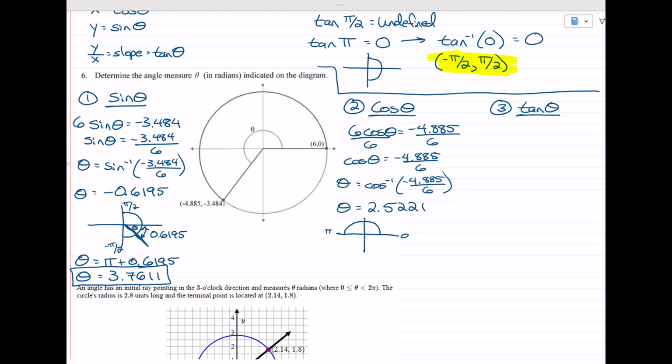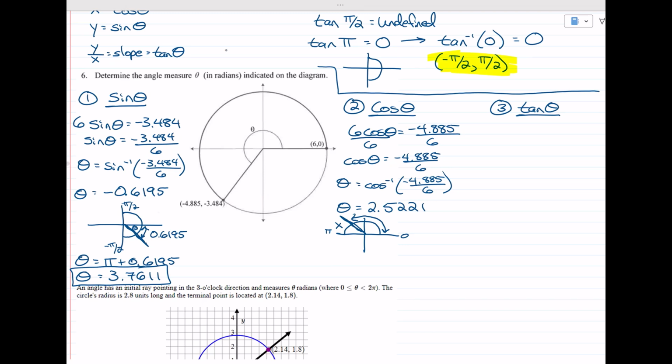So the angle that it's giving us is this angle right here. From here to here, that angle is 2.5221. It's not quite pi. Pi is 3.14, right? So if we know that angle is 2.5221, let's figure out what this angle is right here.